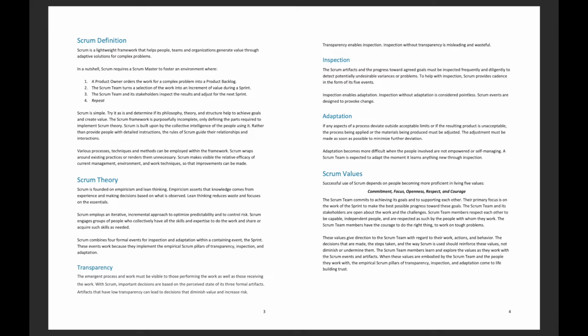Scrum Definition. Scrum is a lightweight framework that helps people, teams, and organizations generate value through adaptive solutions for complex problems.